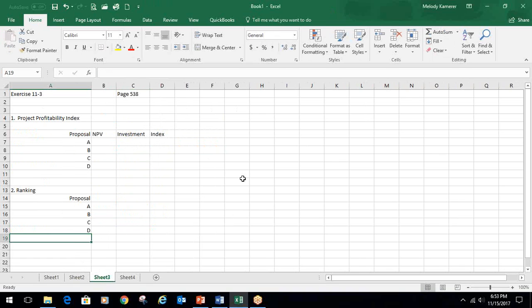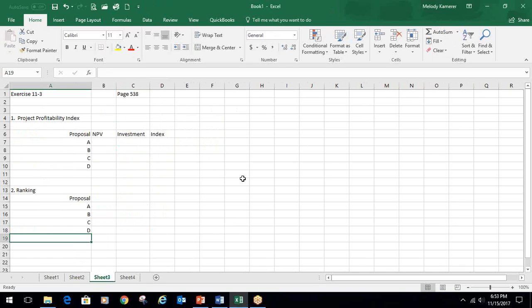The first two problems we've worked on have helped us with screening, deciding if the proposal is acceptable. Well, once we've decided that, we may wind up with several proposals that are acceptable, so we need to rank them in order of preference. And that's what this will help us to do.